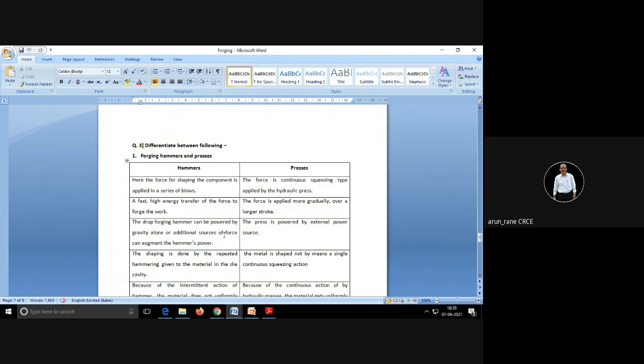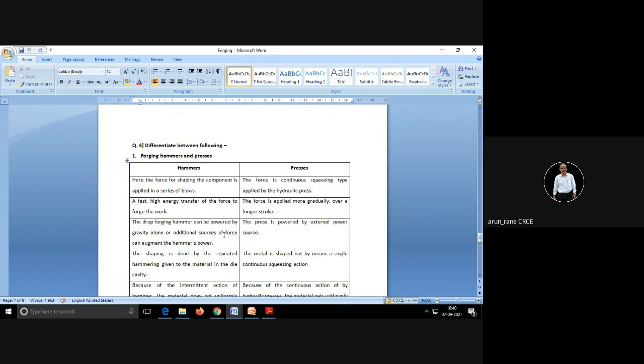Hammer means hathoda. At home you might have used a hammer, or seen people hammering. A forging hammer is the same thing, but it is not operated manually, it is done automatically, an electrical or mechanical hammer, thump thump thump. Whereas a press is a kind of machine. In a press, there will be an upper die and a lower die.